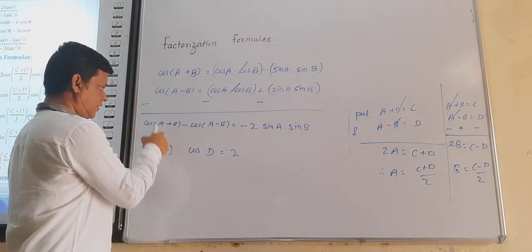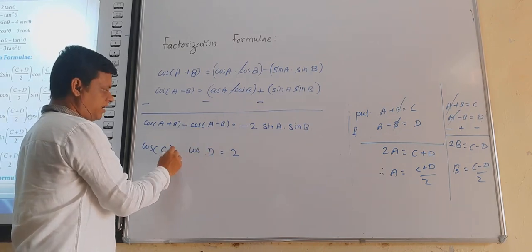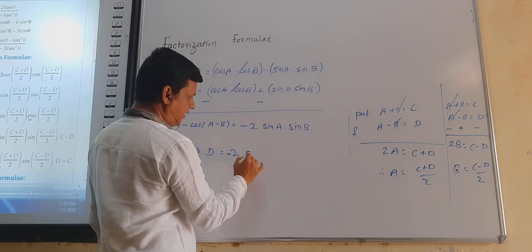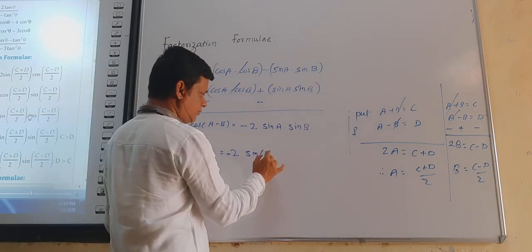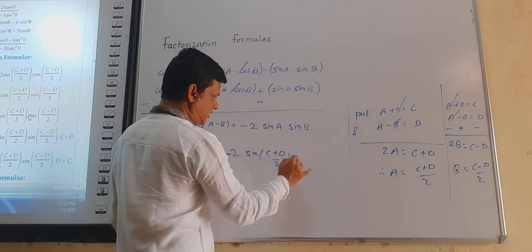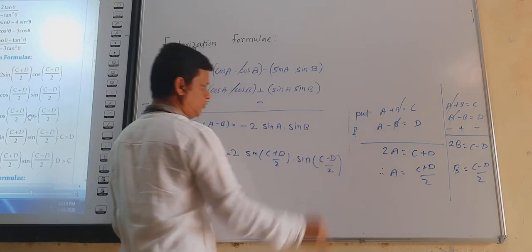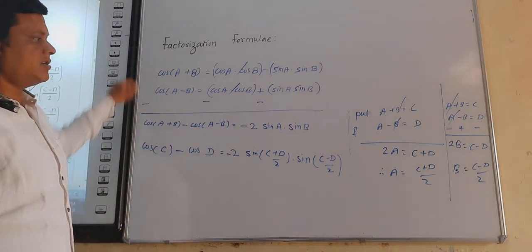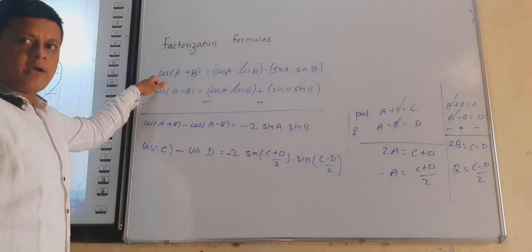If we replace a plus b by c and a minus b by d, here we get minus 2 times sin of c plus d by 2 and sin of c minus d by 2. In this way we form factorization formulas by using these compound angle formulas.